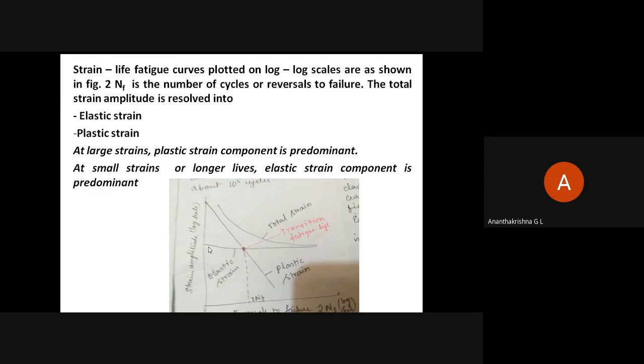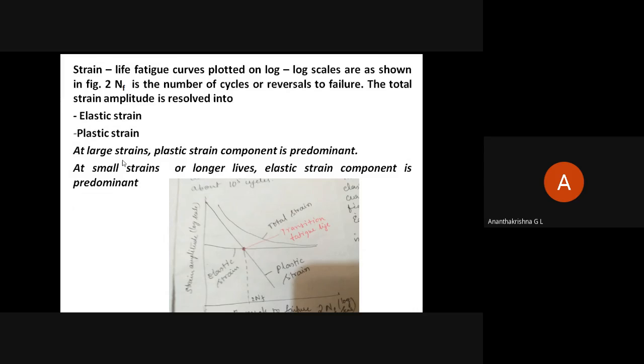if you look at the elastic strain curve, it will have longer life. That is because NF is plotted on x-axis. This curve indicates longer life which will happen in elastic strain condition. Whereas in plastic strain condition, the life of the component drastically gets reduced.